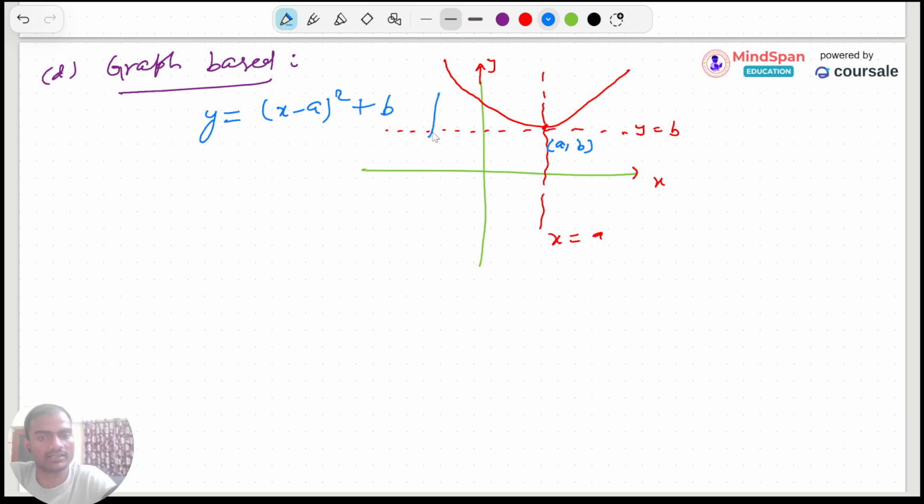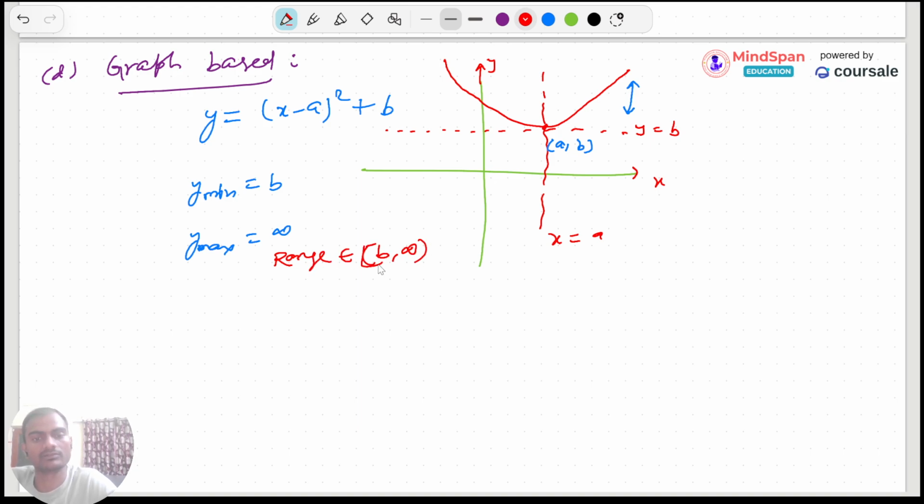If we analyze this graph in the y direction, the minimum value that y takes is b, and the maximum that y takes is infinity. So the range will become b to infinity, including b.